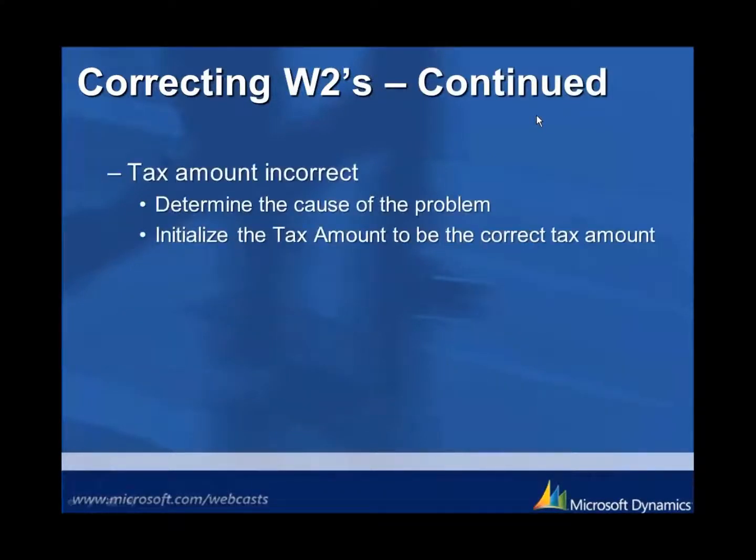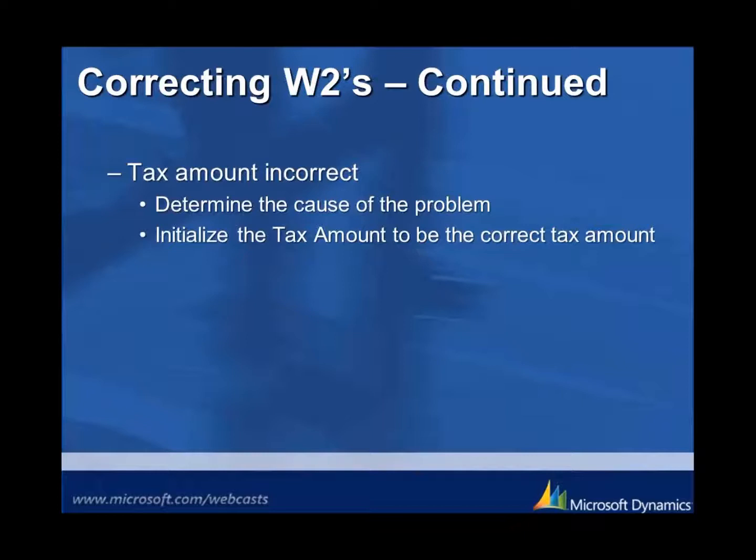Now, if there are tax amounts that are incorrect, we definitely have to take very special care in this. If there's a tax amount that's incorrect, again, we have to determine the cause of the problem before we go any farther. Also, we have to initialize the tax amount to be the correct tax amount.